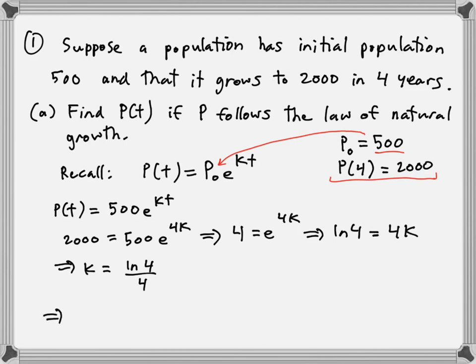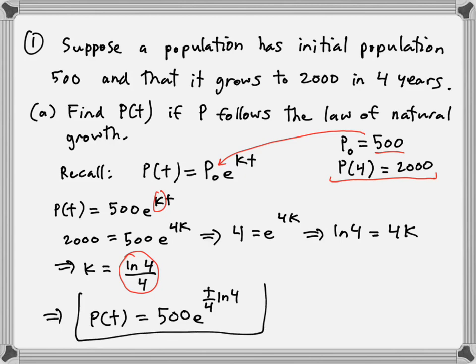So this implies that P of t is equal to 500 e to the, I'm just going to take this k here and replace it with what we just got, ln of 4 over 4. We end up with 500 e to the, this is how I like to write it, t over 4 natural log of 4. So that is the answer to part A.